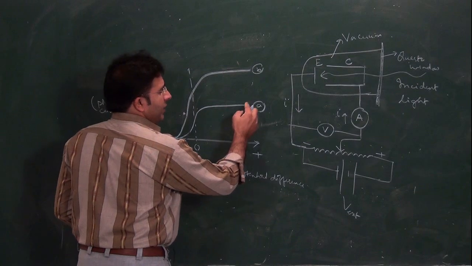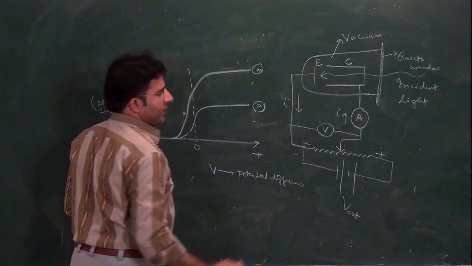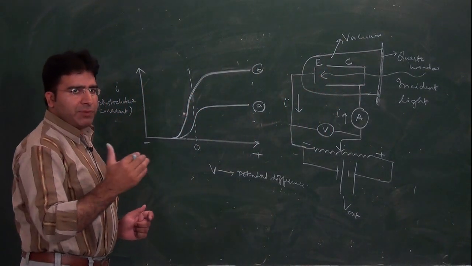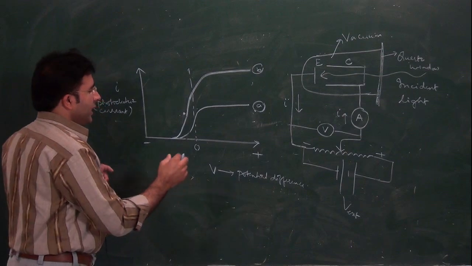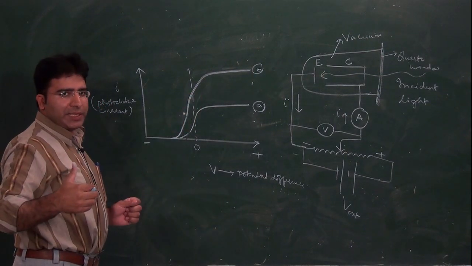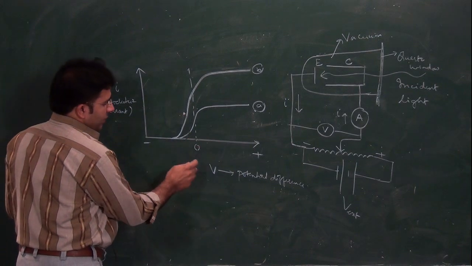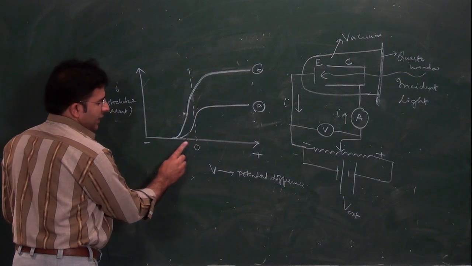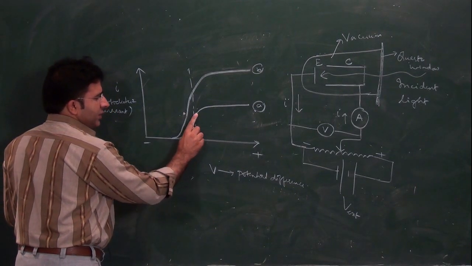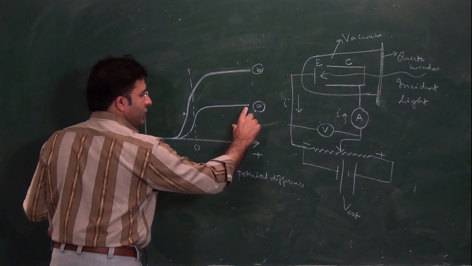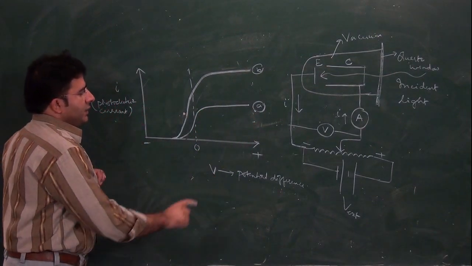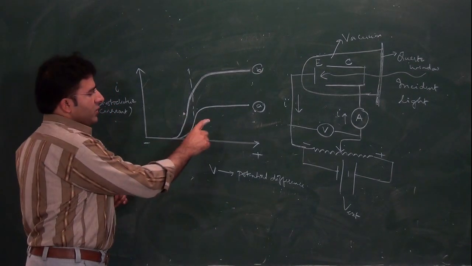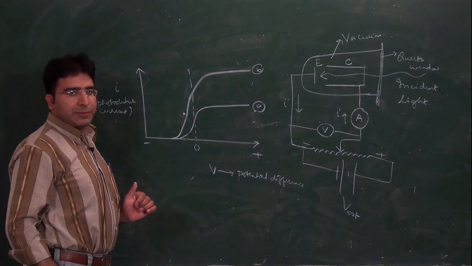We have also selected a certain intensity of the light. When we do it, we see that on increasing the voltage, this current increases and then it gets saturated. The saturated value of this photoelectric current is called the saturation photoelectric current.